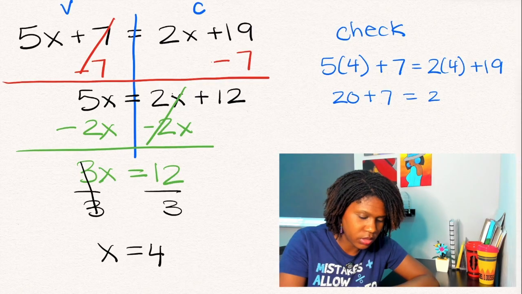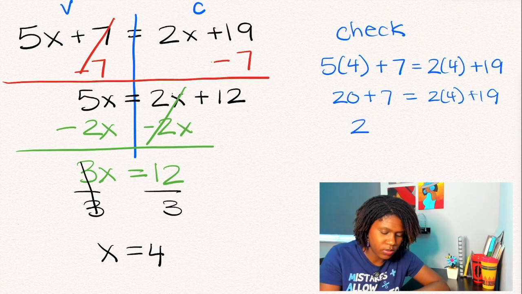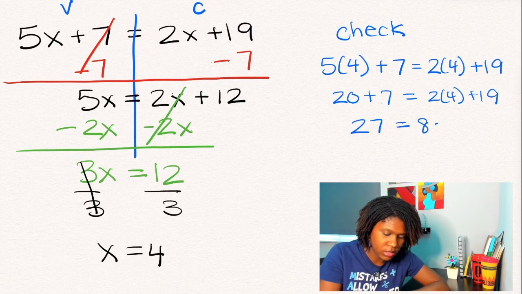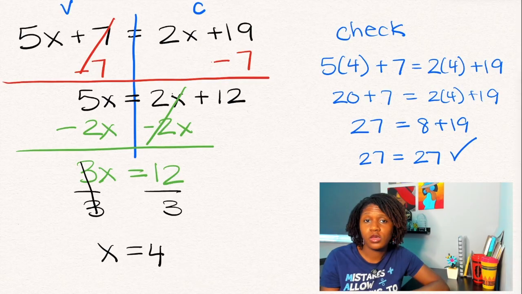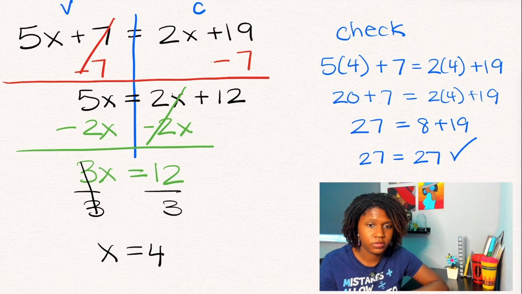And let's just deal with one side at a time. 20 plus 7 is 27. And then we have 2 times 4 on the other side. 8 plus 19. 8 plus 19 is also 27. 27 is equal to 27. So we've done that right.